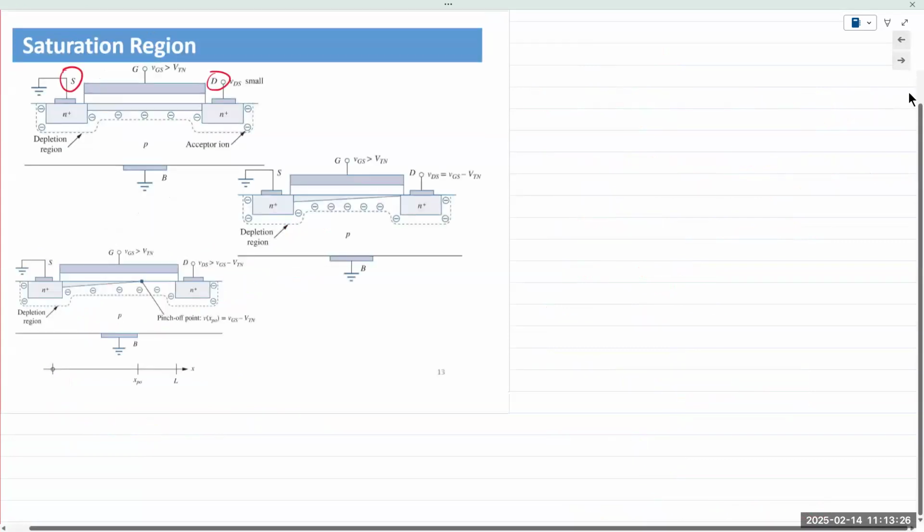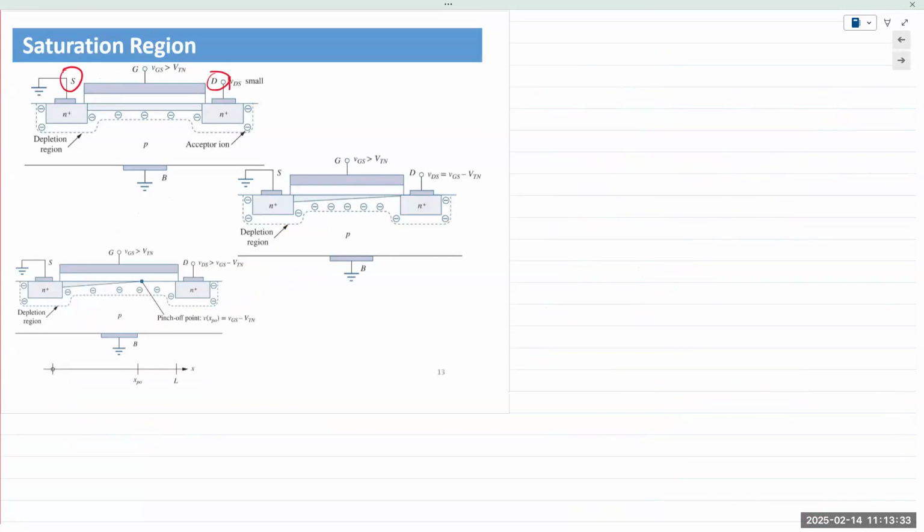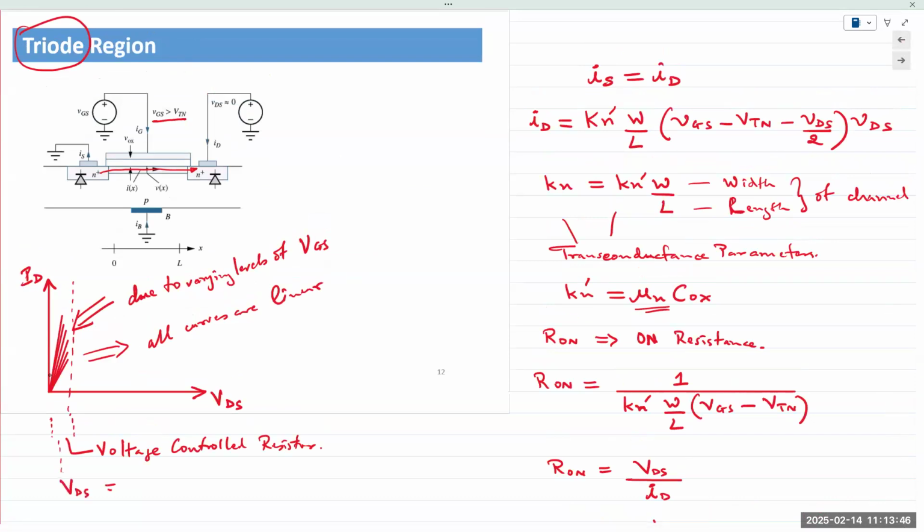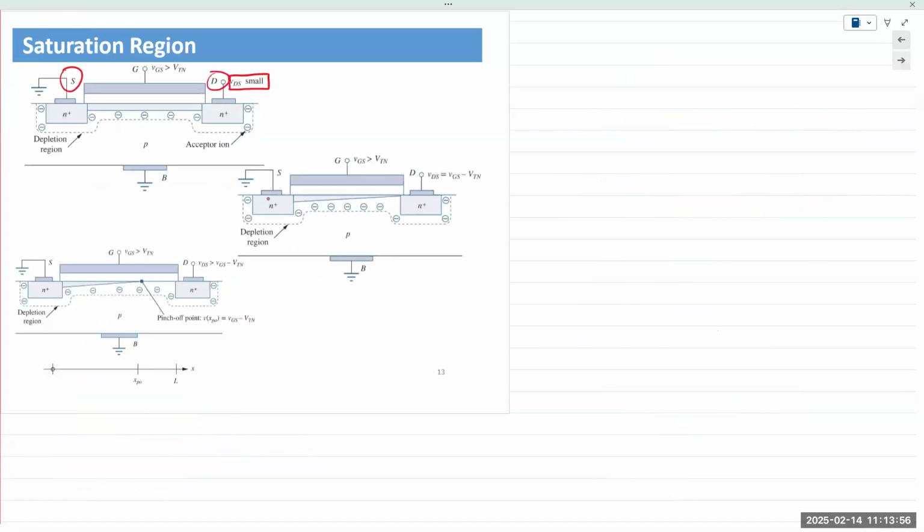But now, if VDS keeps increasing, right? Here we have a VDS value that is small, a lower value, which would be in the triode region right here. This would equate to VDS small. Now, as you increase VDS, the channel begins to pinch off.